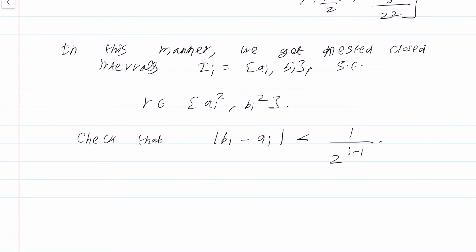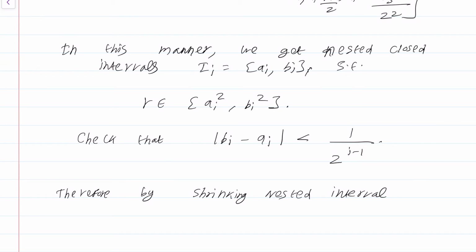Therefore, by the shrinking nested intervals theorem, I think I called it the nested shrinking intervals theorem. I don't really bother too much about precise terminology when it comes to things like names of theorems.